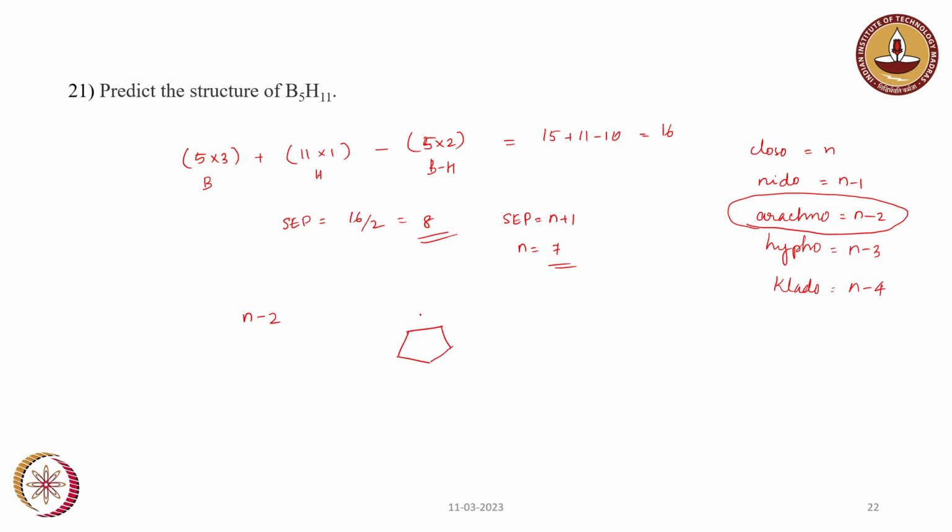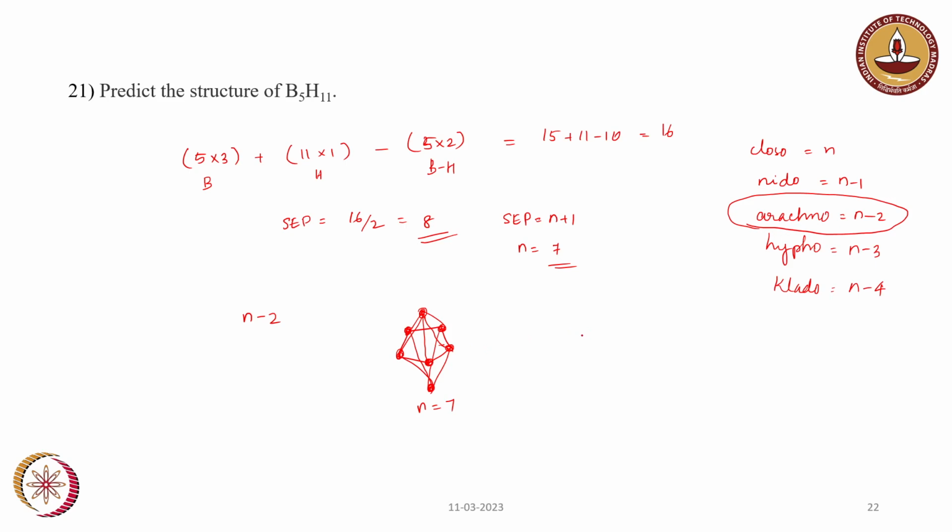If all 7 were present, it would have a structure like this, with boron occupying all the vertices of the pentagonal bipyramid for closo.